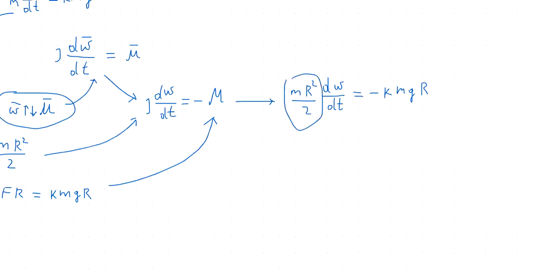And after division, we will obtain d omega/dt is equal to minus kg divided by r.